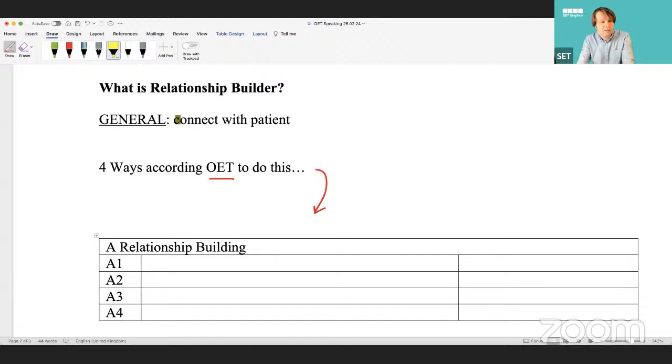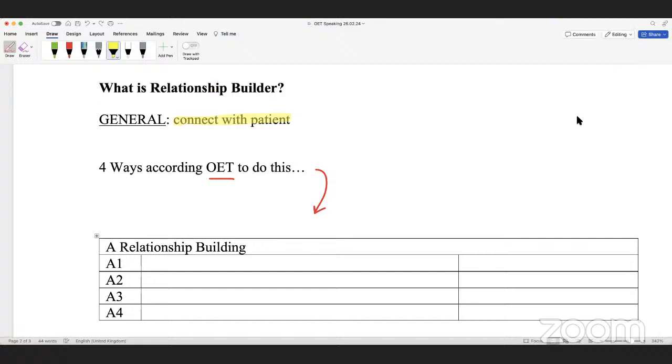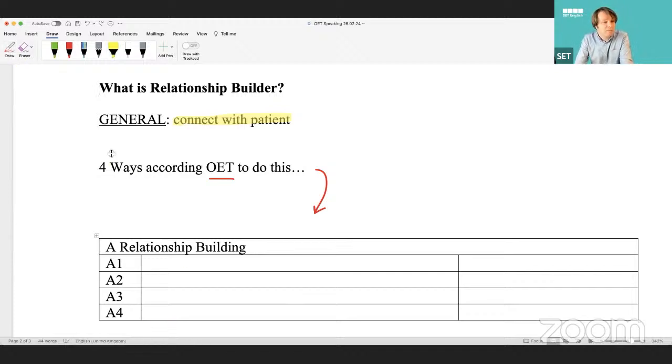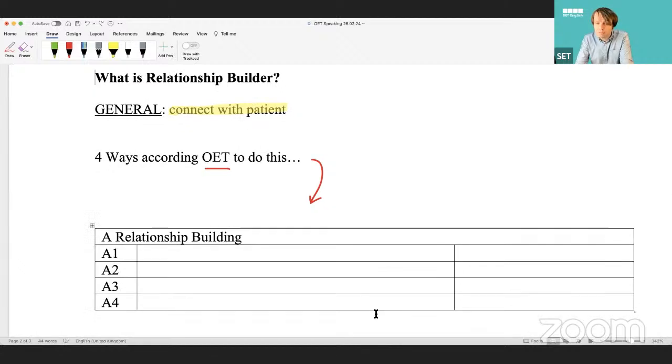Okay. And Khwaja, I'm just going to simplify what you were saying, sir, into connect with patient, right? Connect, bond, relationship. That's the kind of synonym here. A lot of people, I would say, know this. I knew this would happen. So what I want you guys to do is to go into groups now, and you're going to teach each other or just check what each of these ones is.